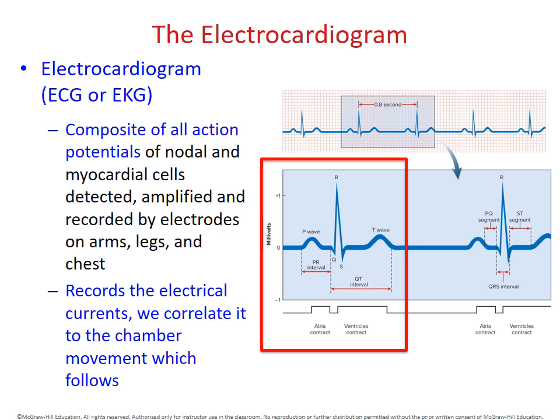So your SA node is the one that fired off. That's what's going to cause the initial rise in the P wave. And as it goes from the SA node, it will encounter the AV node, thereby allowing the entire atrium to become depolarized.